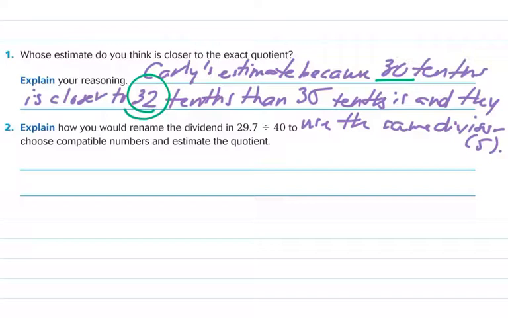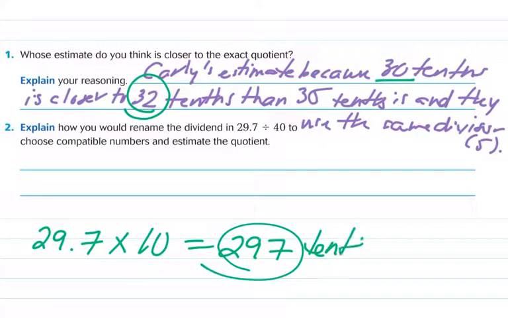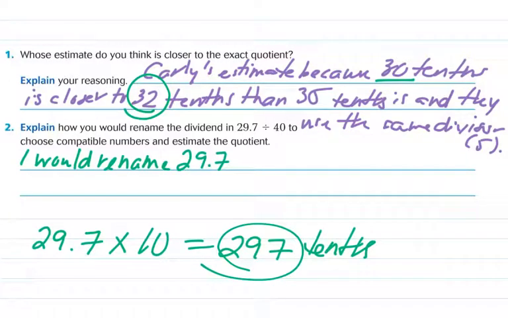So right now, I'm going to take 29 and 7/10 times 10 tenths, which would give me 297 tenths. So I would rename 29 and 7/10 as 297 tenths.